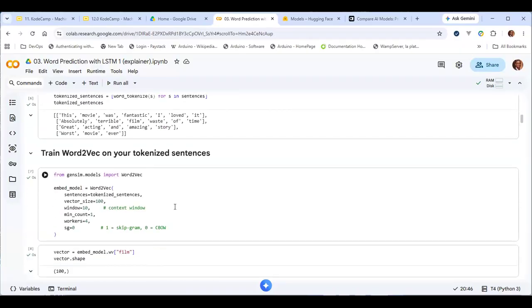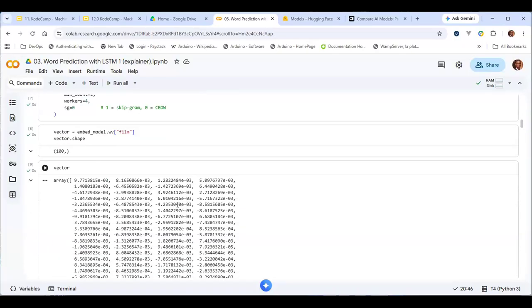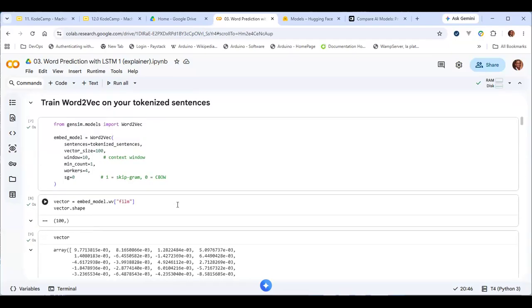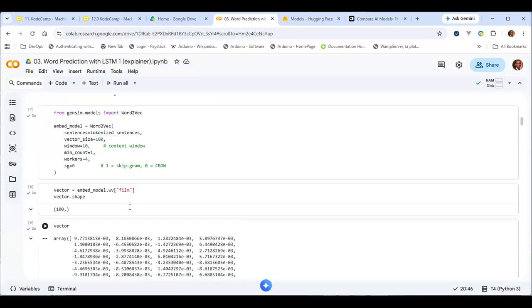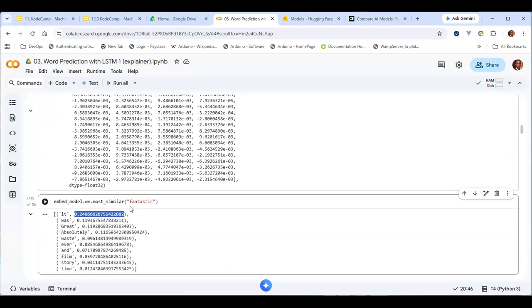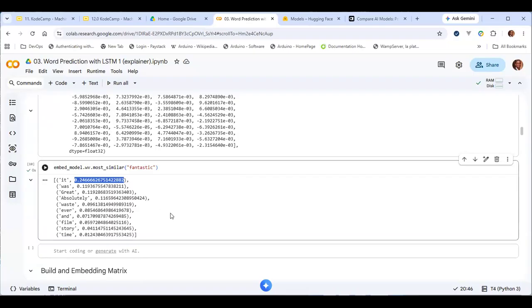So you cannot expect high accuracy based on a small amount of data. You will get much better accuracy if you have many, many more sentences. You probably need hundreds of thousands of sentences with word2vec for you to get anything out of it.